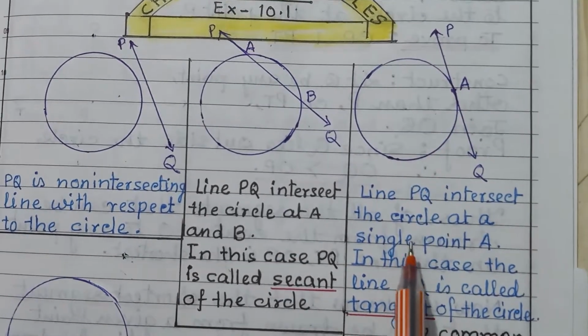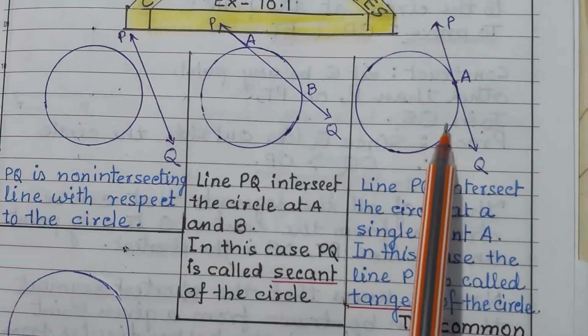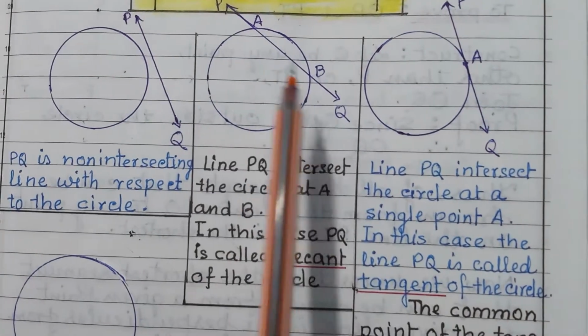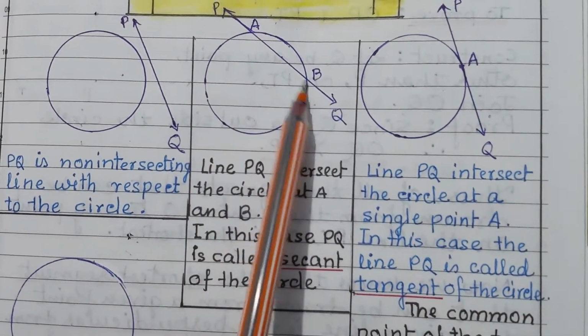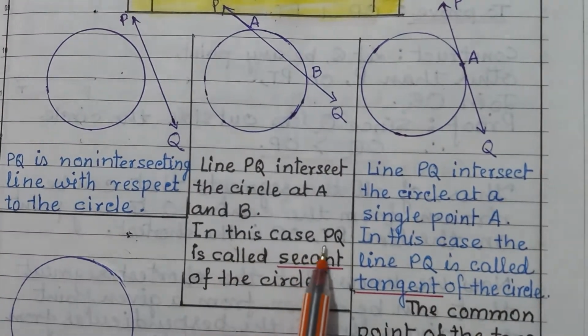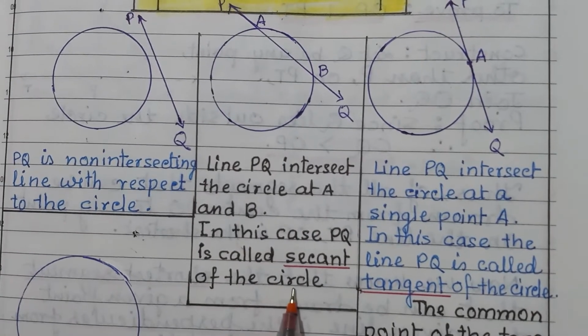When it touches at a single point, this line is called the tangent of the circle. When it intersects the circle at 2 points, that line PQ is called the secant of the circle.